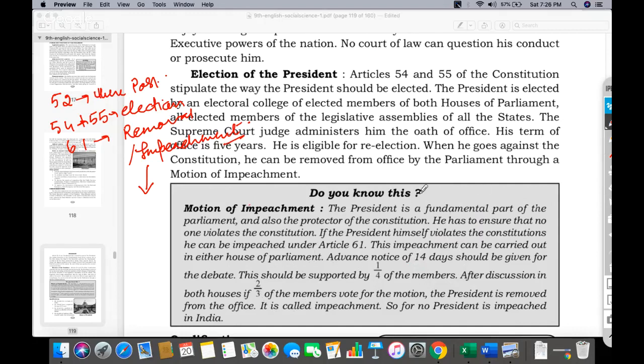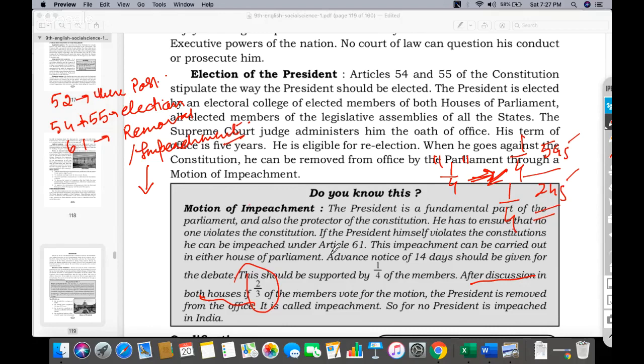The procedure requires one-fourth of the members of a house. It can be in any house, Lok Sabha or Rajya Sabha. If the impeachment motion is introduced in Lok Sabha, it should be one-fourth of 545, or one-fourth of 245 if it is presented in Rajya Sabha. So one-fourth of the members have to sign that impeachment motion, and then it has to be discussed in the house.